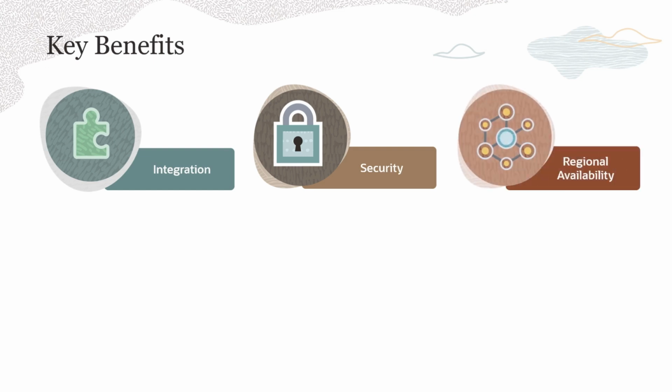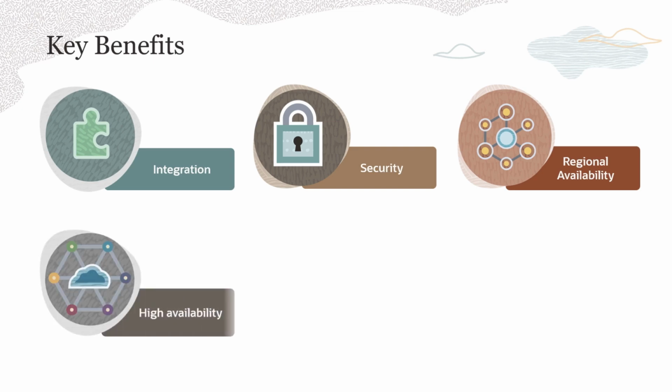Another notable benefit is regional availability. You can efficiently pull container images from the same region as your deployments. For high performance, availability, and low latency image operations, OCIR leverages the robust infrastructure of OCI, enhancing the overall reliability of image push and pull operations.